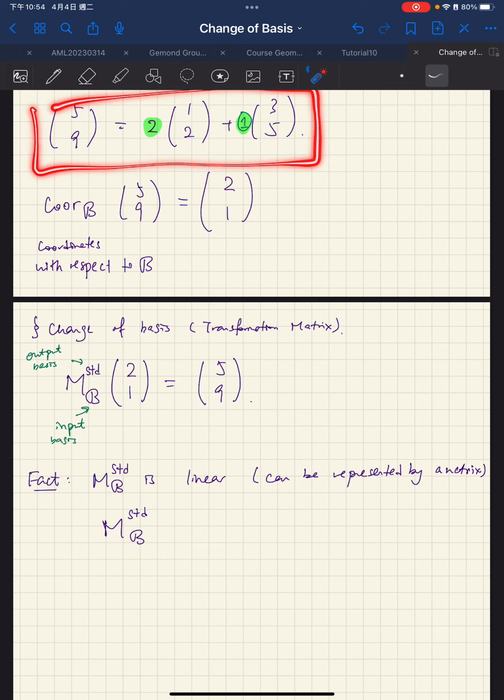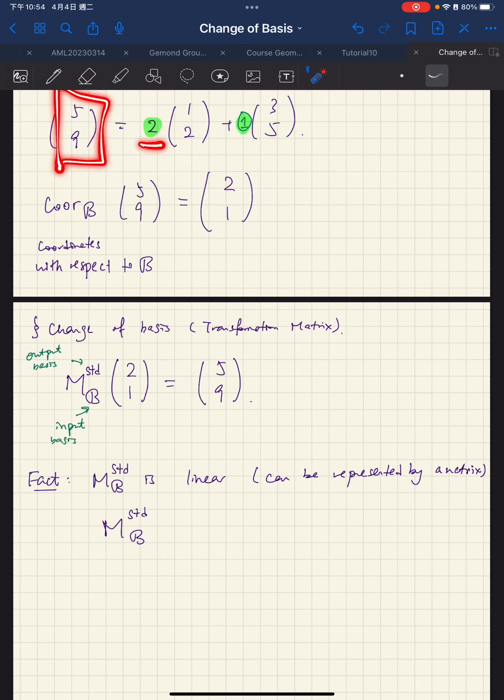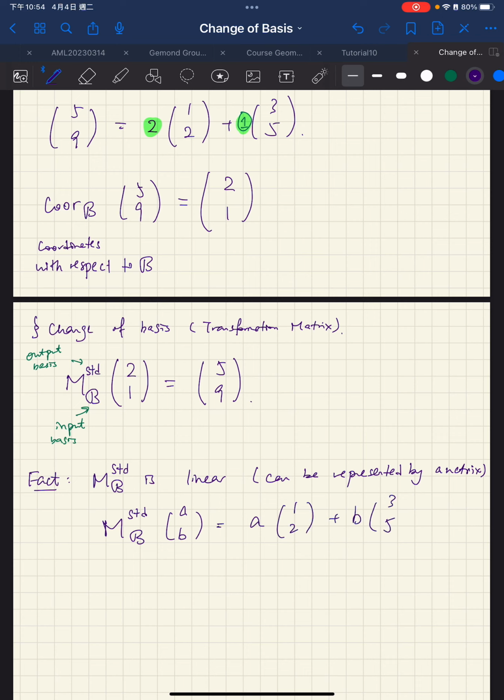You remember how we got 5, 9, by inputting this 2, 1 into this thing. So if you have A B, then you're just having A of 1, 2 plus B of 3, 5, and hence it's linear. You know what linear maps look like, okay? But we want to find the matrix.